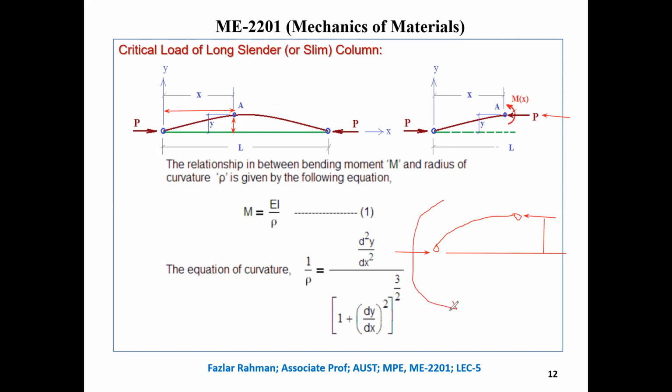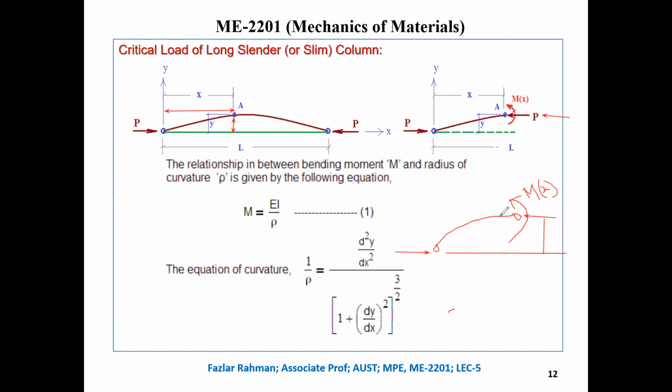We don't know how much moment is working over here, but if I say the moment working is M, we are thinking the moment should work in the opposite direction if you figure out the reaction, but we are taking it along this direction. We are saying this is the M. This is the Mx.